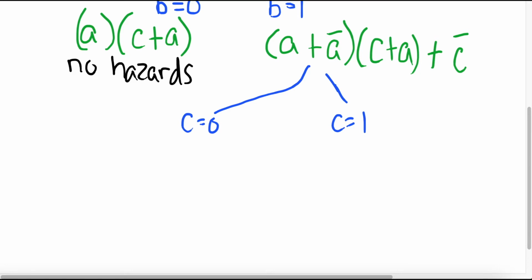What kind of equation do we get? When C is equal to 0, we get A plus A bar, so that doesn't change, but it's important to remember that this whole term is ANDed with the next bracket. So this is an AND term, right? Like over here, this is an AND section. So if we see this, we have C plus A. So we get 0 plus A, and anything ORed with 0 gets canceled.